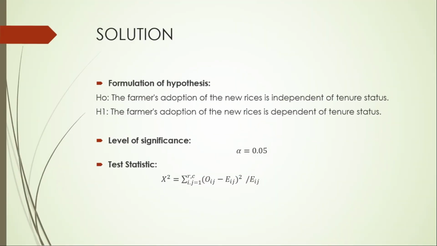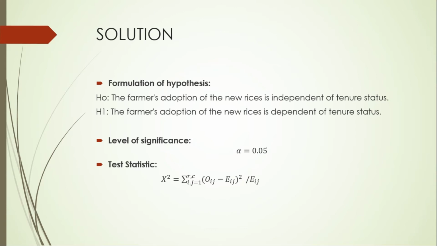For the solution, we first make the hypothesis that the farmer will adopt the new variety independent of the tenure status, and the alternative hypothesis is defined as the alternative situation.